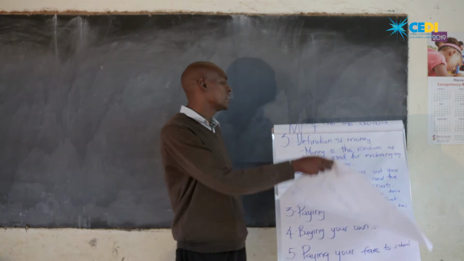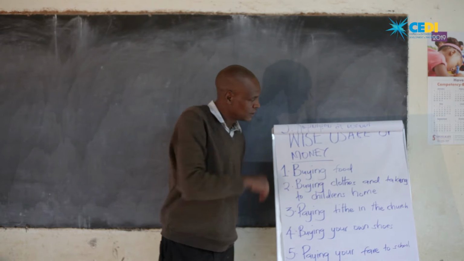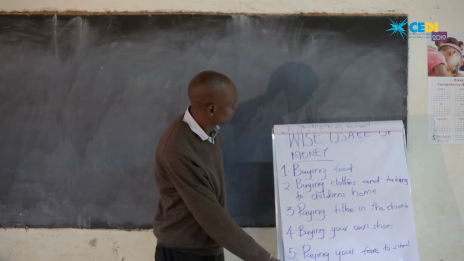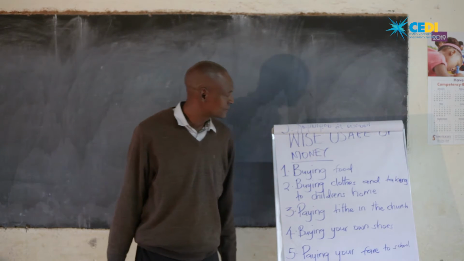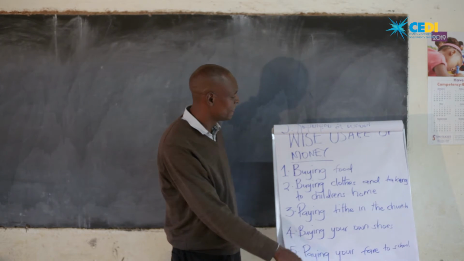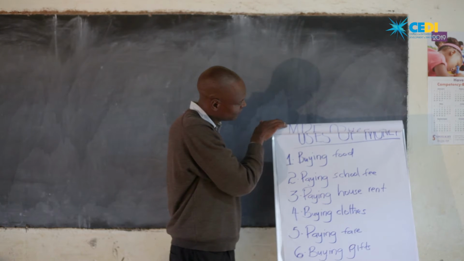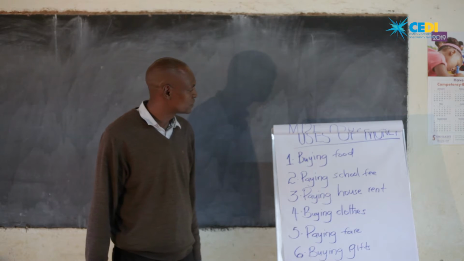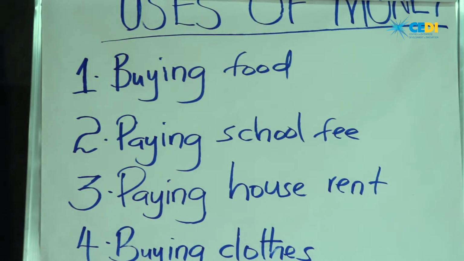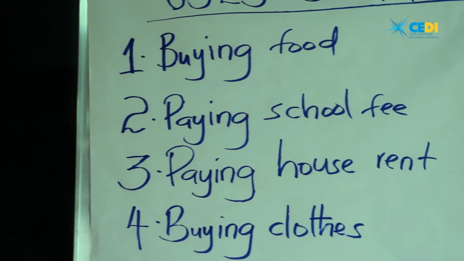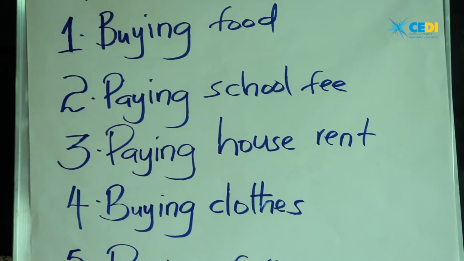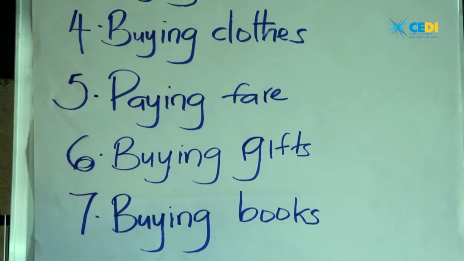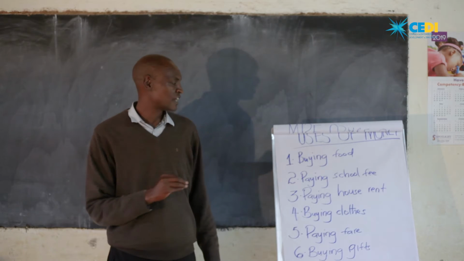Now, our next area is we are going to discuss how money can be used to buy goods and services. As you can see on the chart, there are several uses of money. These are just examples. I know you have many other uses of money, where you sit or where you stand, that are not in this chart.